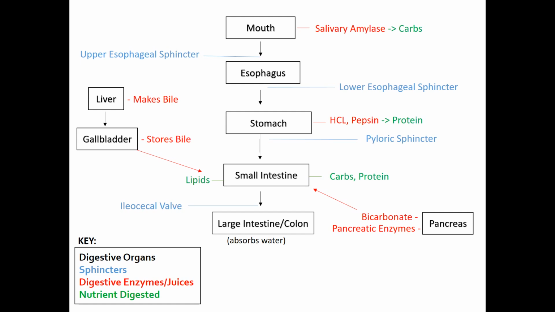And that way, when the HCl is making its way into the small intestine along with the food, it is going to automatically be neutralized by the bicarbonate before it gets a chance to cause any damage to the small intestine. So bicarbonate's main role is to neutralize the acid that is going to be entering the small intestine to prevent any damage from the acids.